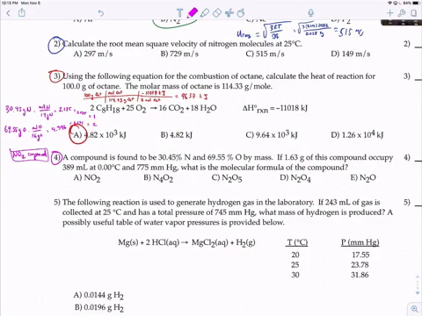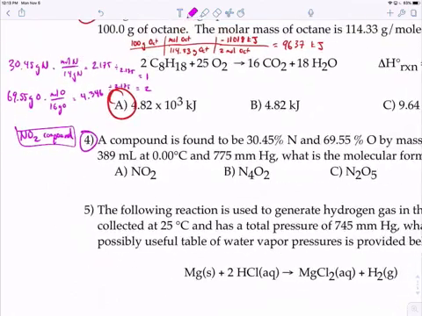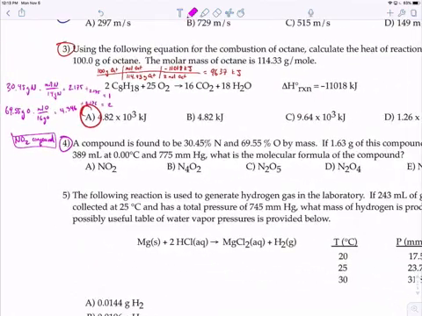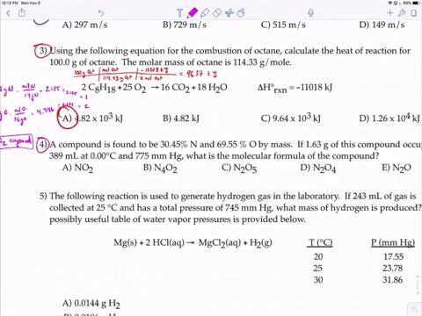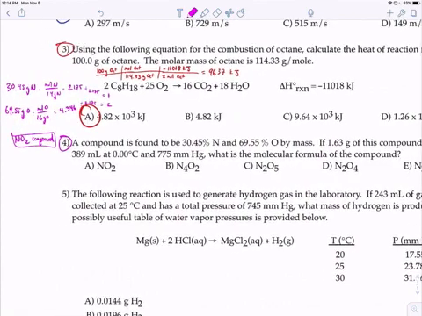Then now 1.63 grams occupies that space, so we have to figure out the molecular mass. And to do that, we figure out the number of moles.